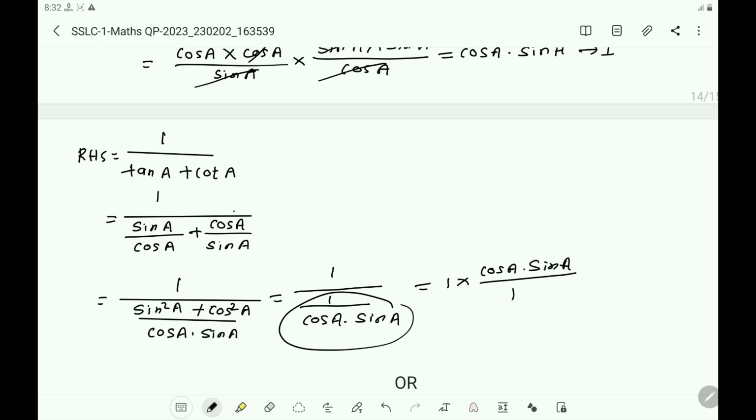Here this 1 divided by 1 by cos A into sin A. When you take division in the form of multiplication, you must write the reciprocal of this. So you got cos A into sin A, that is second.